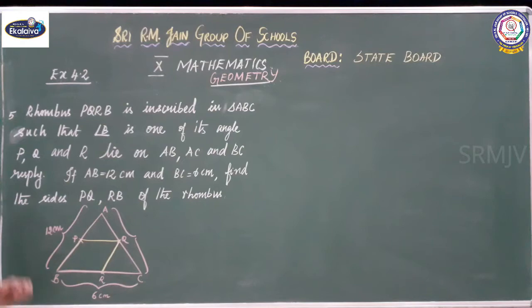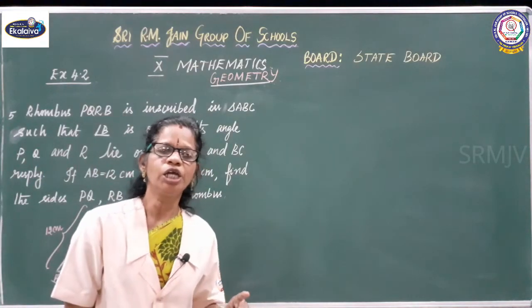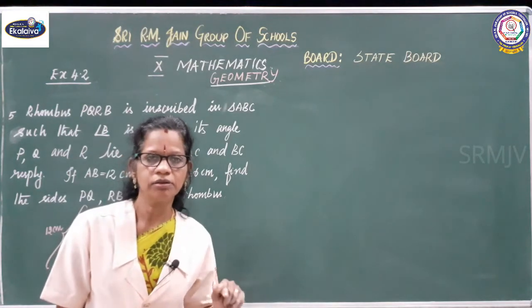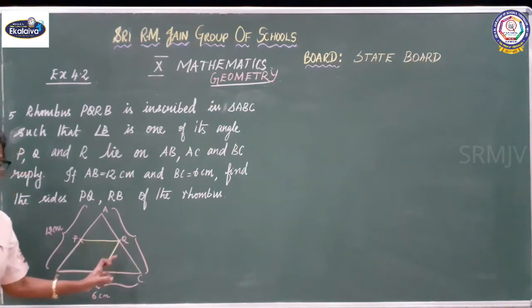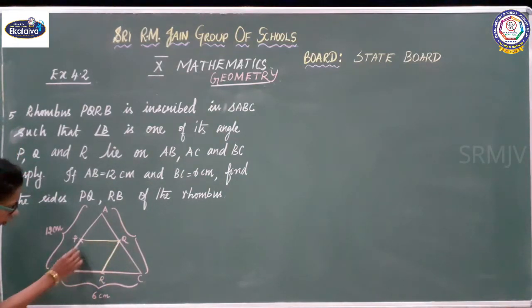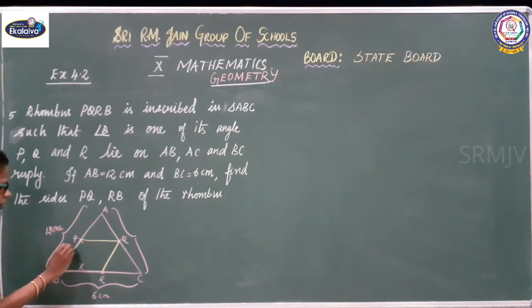Rhombus means all the sides are equal, and the diagonals intersect at right angles. So I am going to take BP as X. That means what is the position of BR? BR is also X centimeter, right?